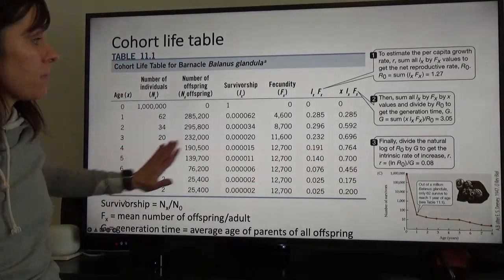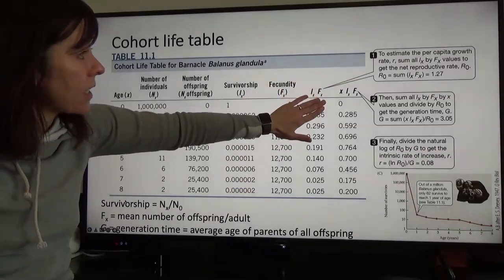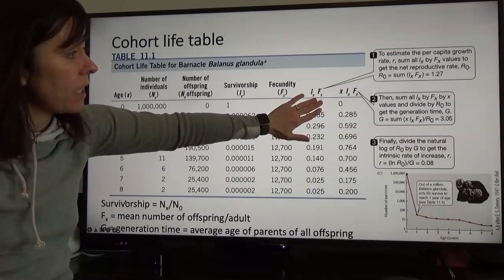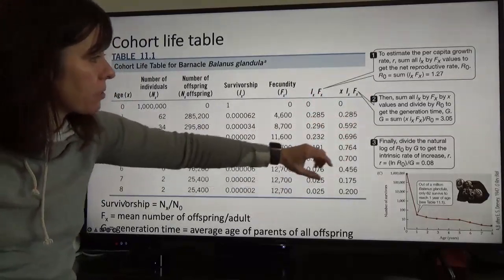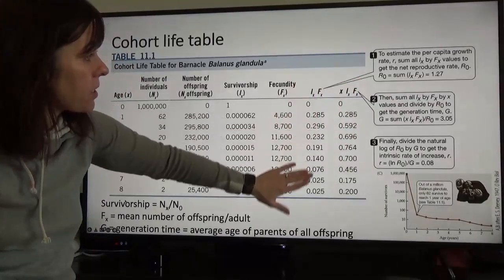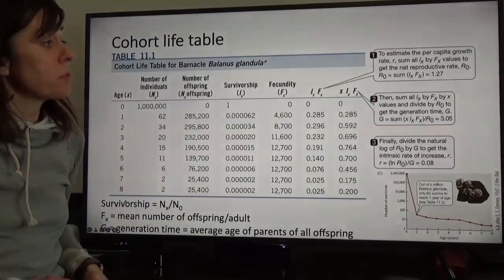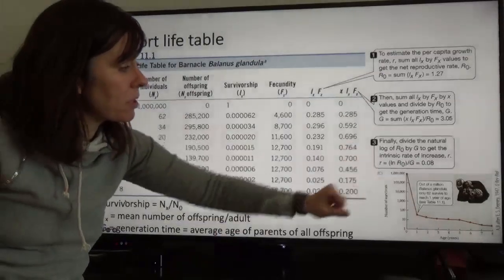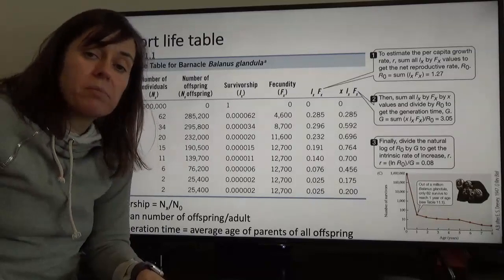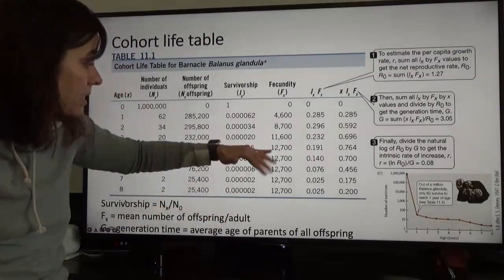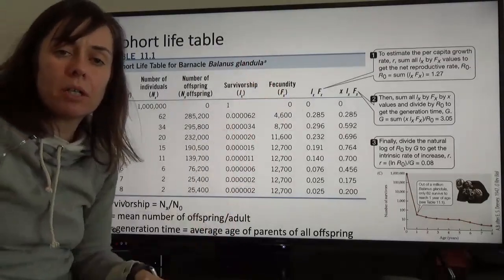The implications of that for net reproductive rate and generation time would be pretty large, because it would modify those numbers, those sums of this column and this column, which determine those values, and ultimately that would modify our intrinsic rate of increase and probably lead to a population that was declining, because these are the ages that are reproducing at their maximal level.